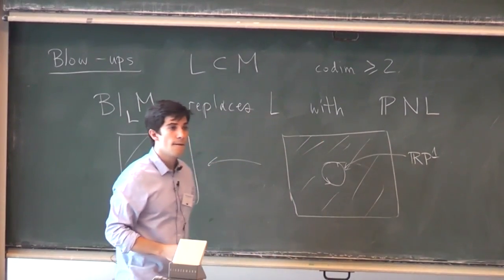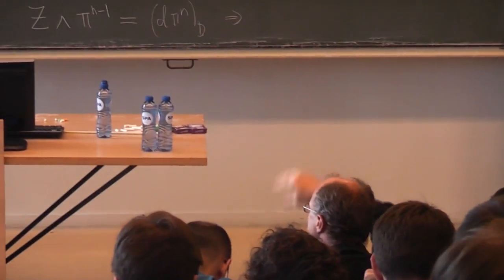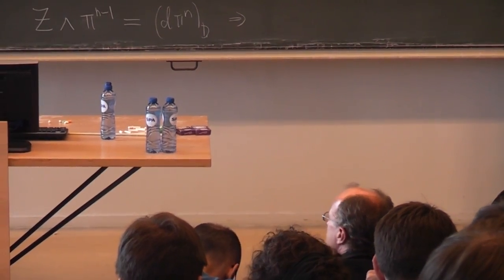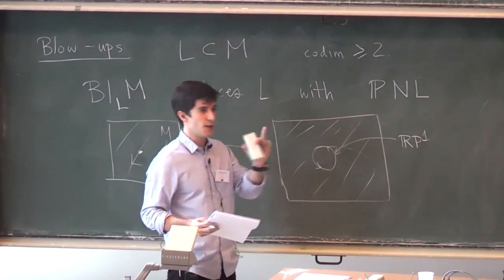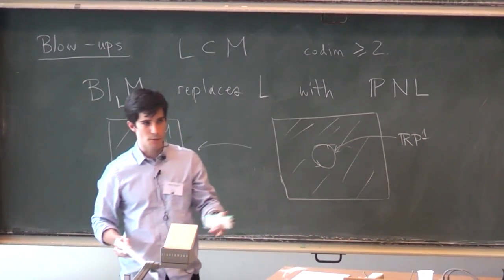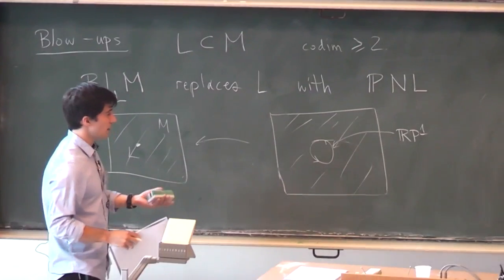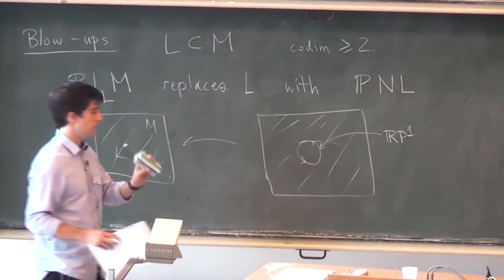If you say it's a set of lines, are you identifying the opposite points, or do you keep them there? I identify the opposite points. In the work of Melrose, he's very careful to do an oriented blow-up where you don't identify, and in that case you get a manifold with boundary. That can be interesting to consider, groupoids with boundary, but I'm not doing that.